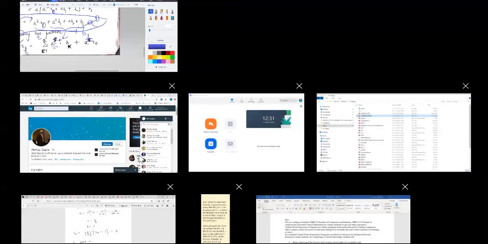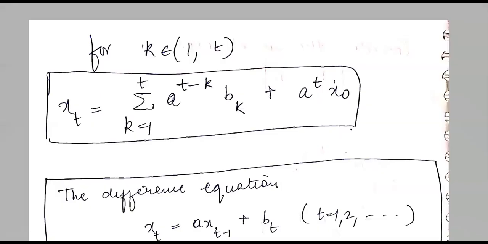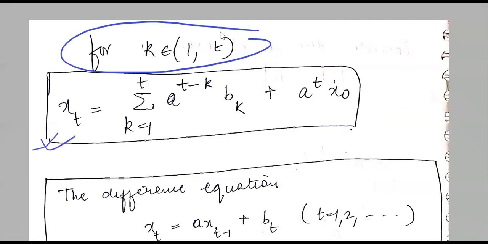So just try and solve it for xt. Therefore, when k is between 1 to t, xt is this and this. There is an x naught because now I'm writing all these xt's only in terms of the base value.